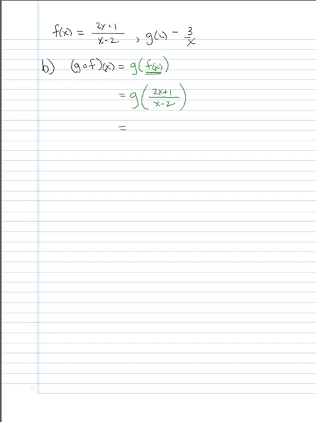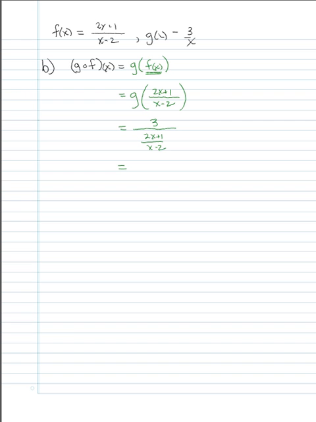Now, what does g do with input? Well, it creates a fraction. g creates a fraction that is 3 over the input. And this time the input is the fraction (2x + 1) over (x - 2). So now we have to remember how to simplify that. Now we're dividing by a fraction.